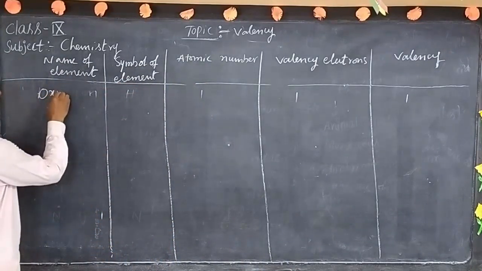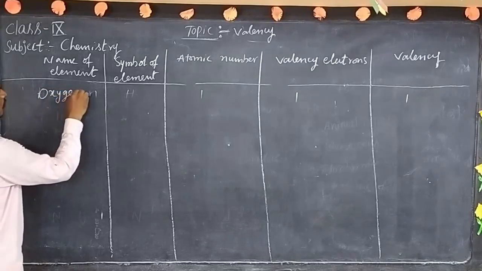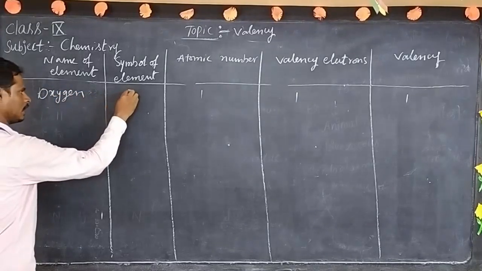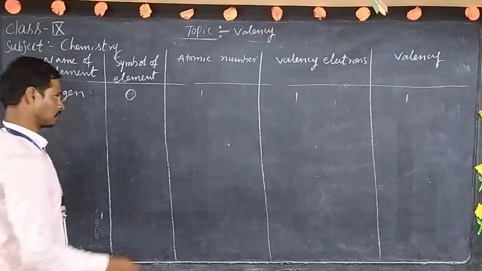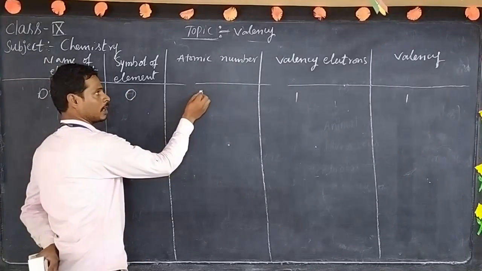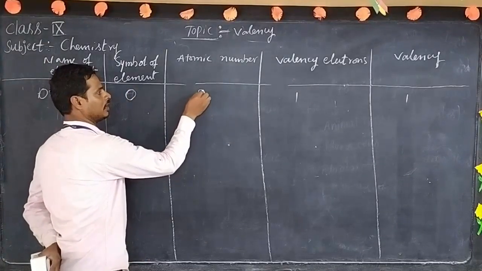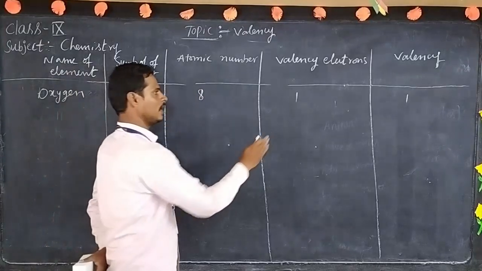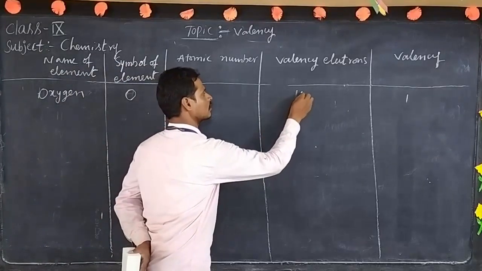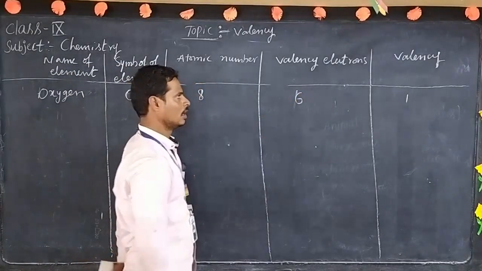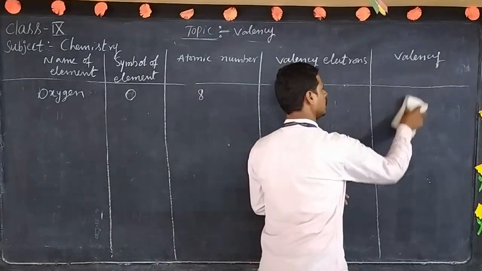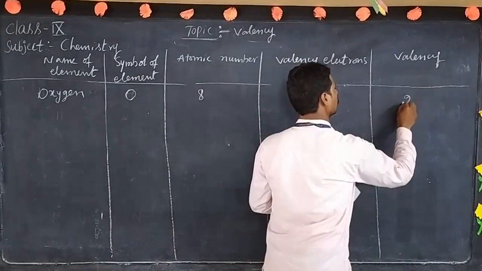Name of element oxygen. Symbol of oxygen O. Oxygen atomic number is 8. Number of valence electrons is 6. Valency of oxygen is 2.